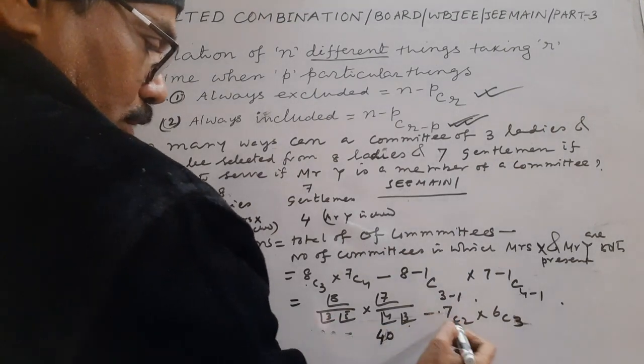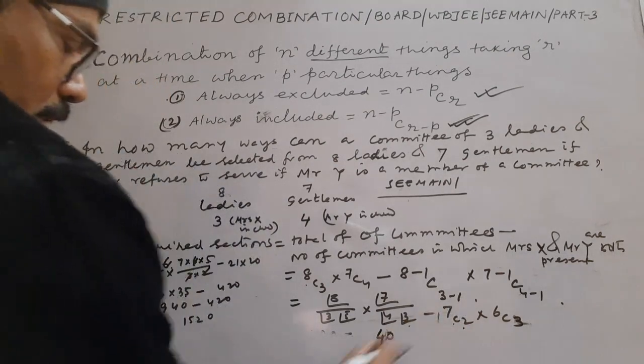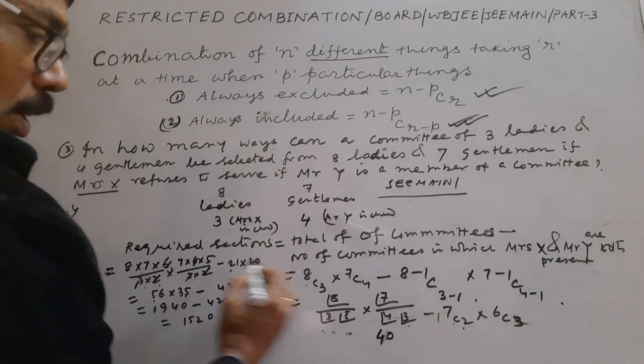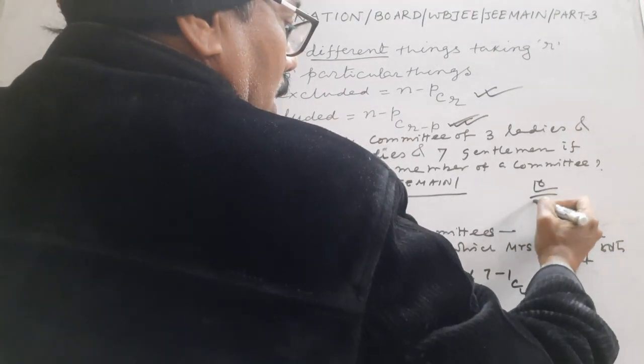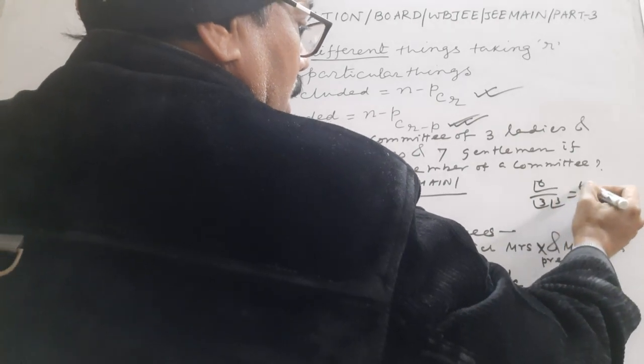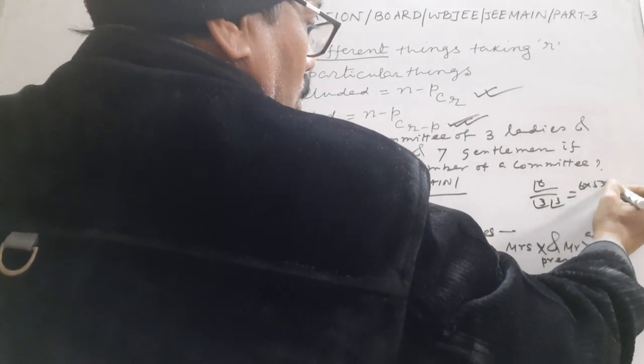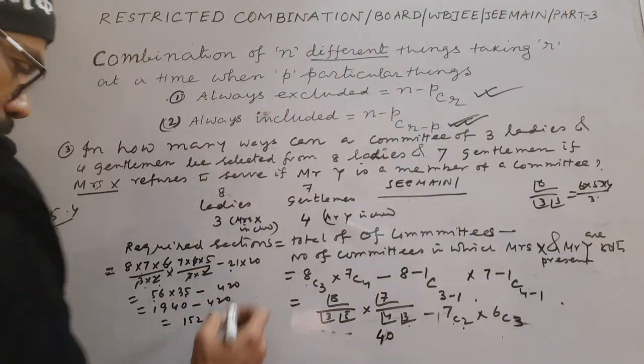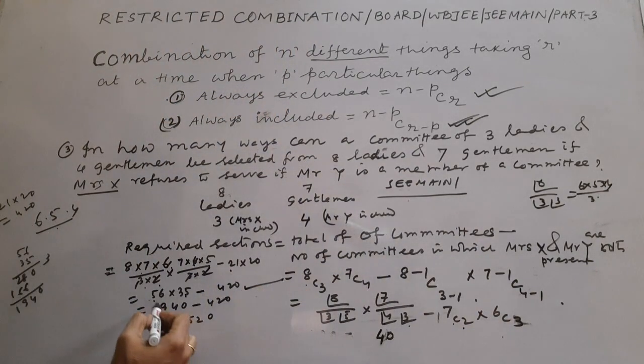And 7C2 is 42 by 2, so 21. And 6C3 is factorial 6 by factorial 3 into factorial 3, so 6, 5, 4 over 3 into 2. This is 20. So 420 and 56 into 35.